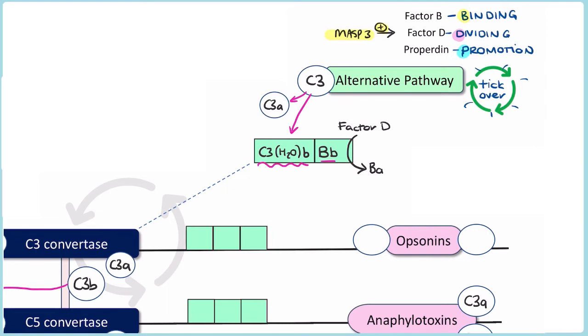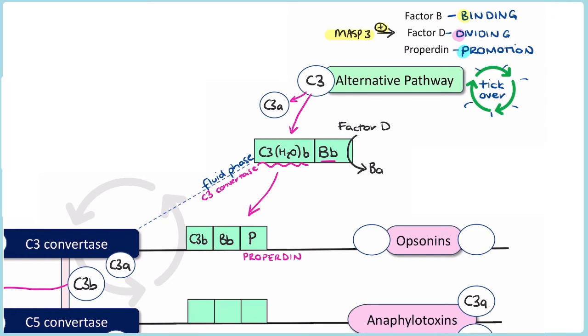Now, this C3 convertase is referred to as the fluid phase C3 convertase because it's generated in the plasma, but it will then try to establish itself on the surface of cells. In this initial form, it's actually pretty unstable and prone to breakdown by complement regulators, but this molecular complex can be strengthened by properdin.